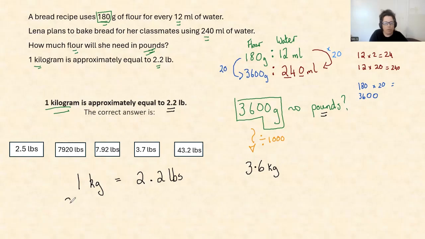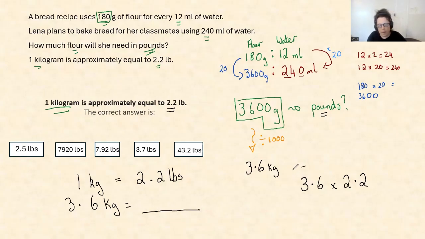Therefore, 3.6 kilograms is going to be equal to 3.6 multiplied by 2.2. So to get my answer in pounds, I'm going to have to multiply 3.6 by 2.2.